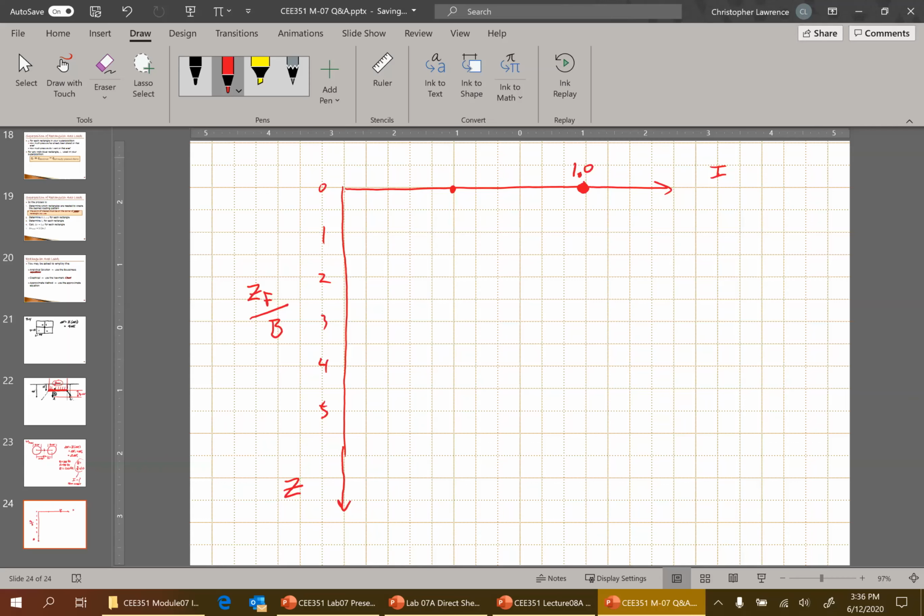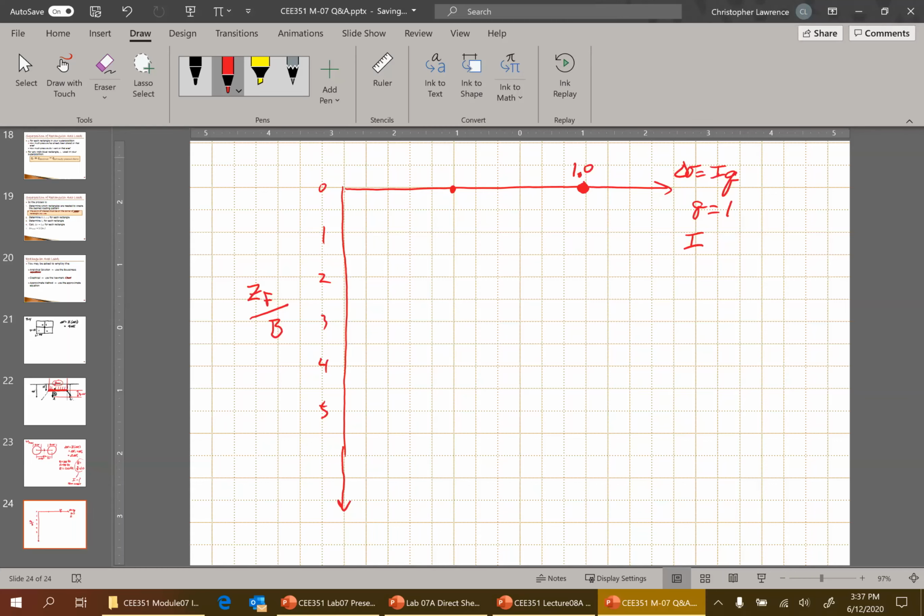So let's look at it in terms of Z over B. It doesn't really matter what B is. So why don't we just say Q equals 1? If delta sigma equals IQ, but let's just say Q equals 1 unit, therefore we're really just talking about I. And if we're talking about depth, let's say B equals 1 unit, whatever number you want to choose.